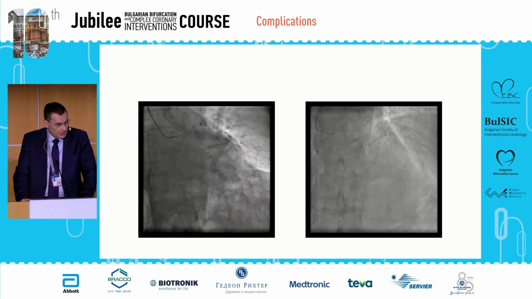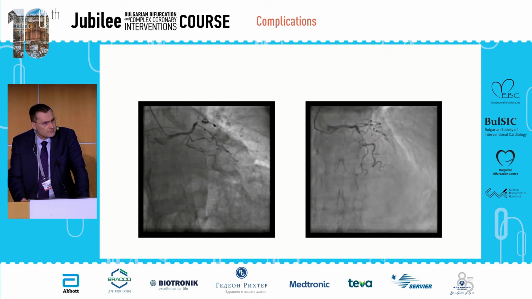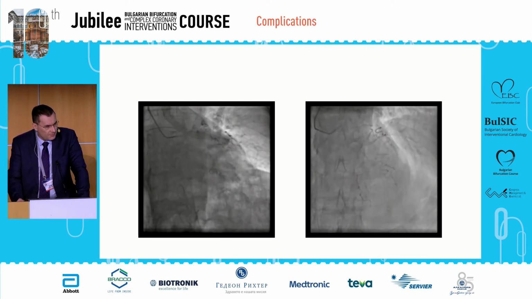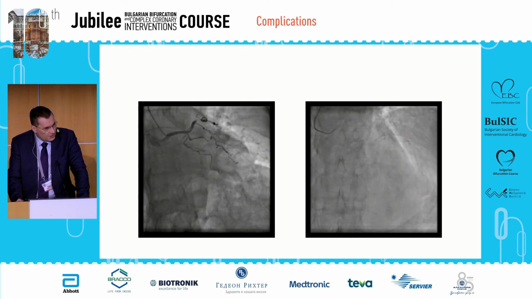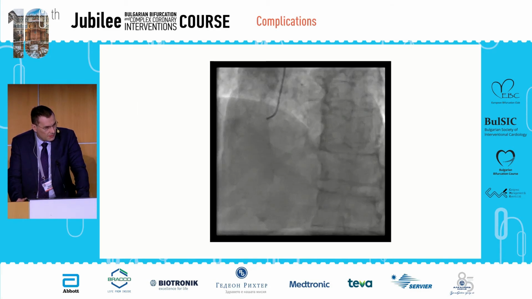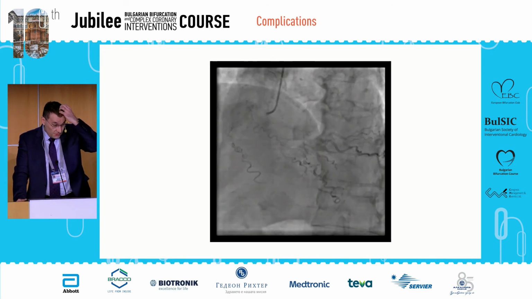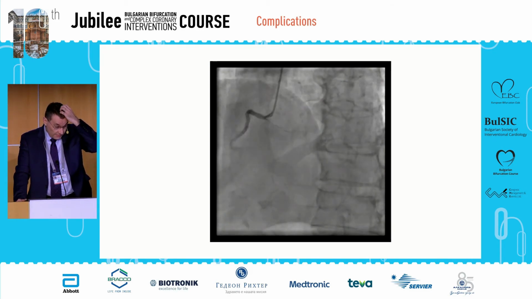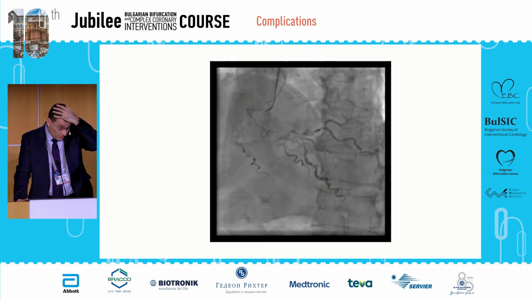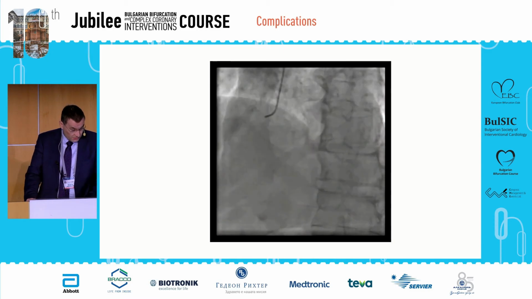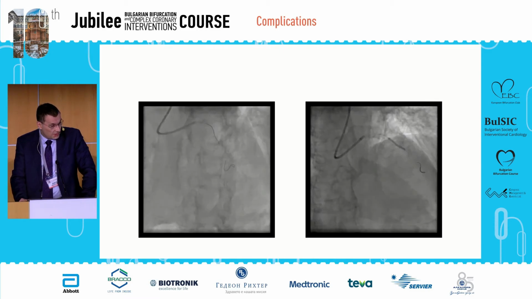The patient had an angio several months before this procedure, and a high-grade stenosis on the LAD was found. There was also some stenosis, around 70%, on the proximal posterior PD branch. So we proceeded with PCI to the LAD.